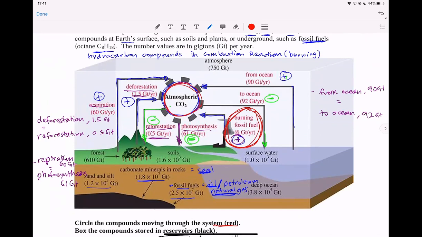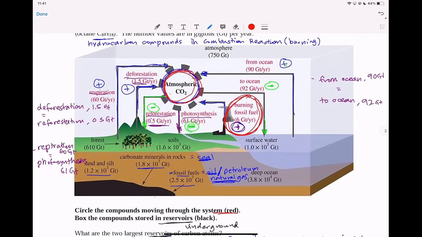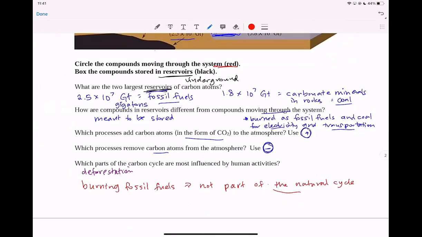Now, maybe if you give it another 100,000 or million years, something will evolve to take in carbon dioxide because Earth will survive. But we have upset this balance of the natural carbon cycle by coming along and putting in a bunch of carbon dioxide in a short amount of time.